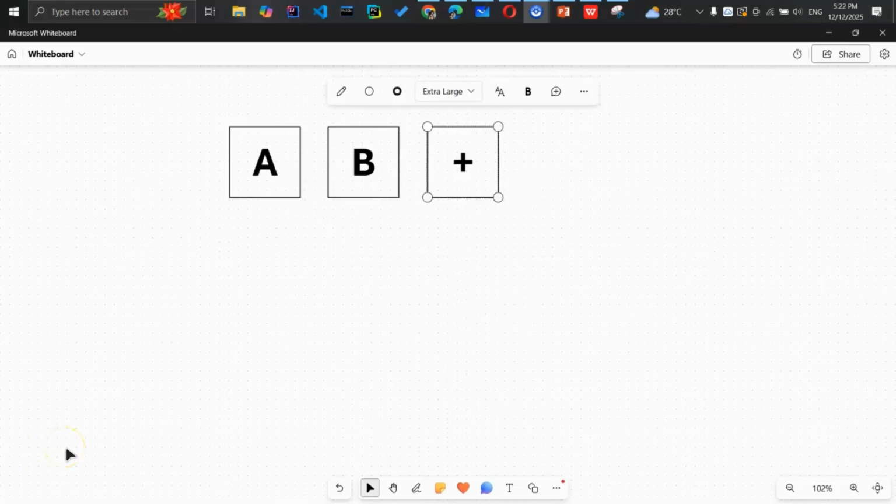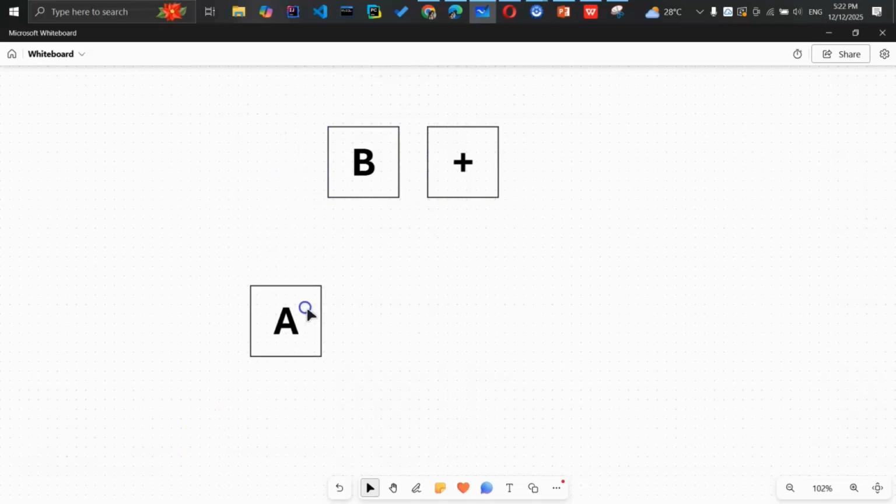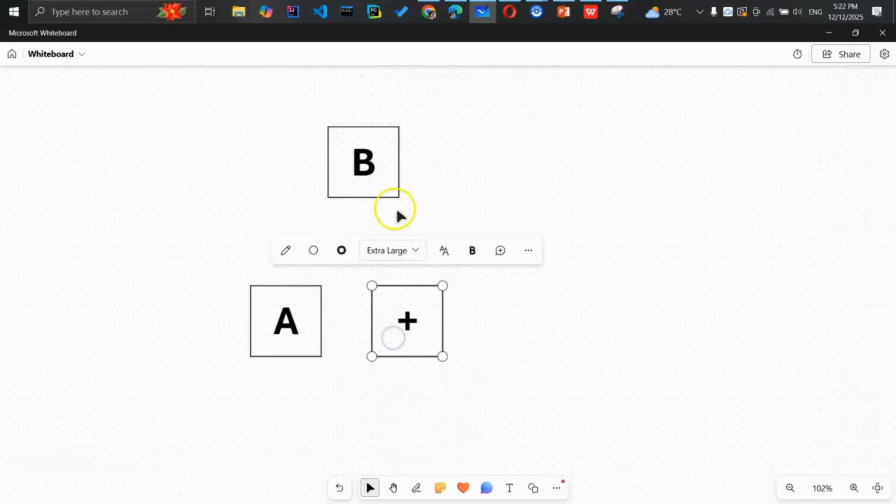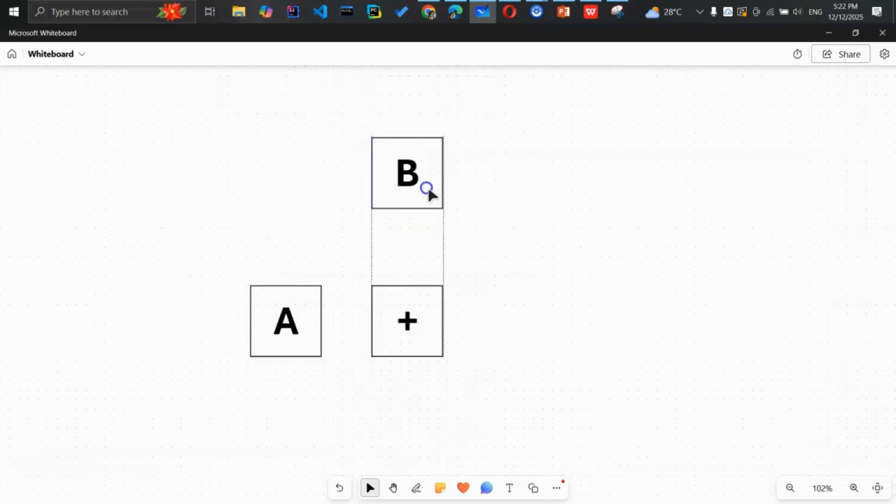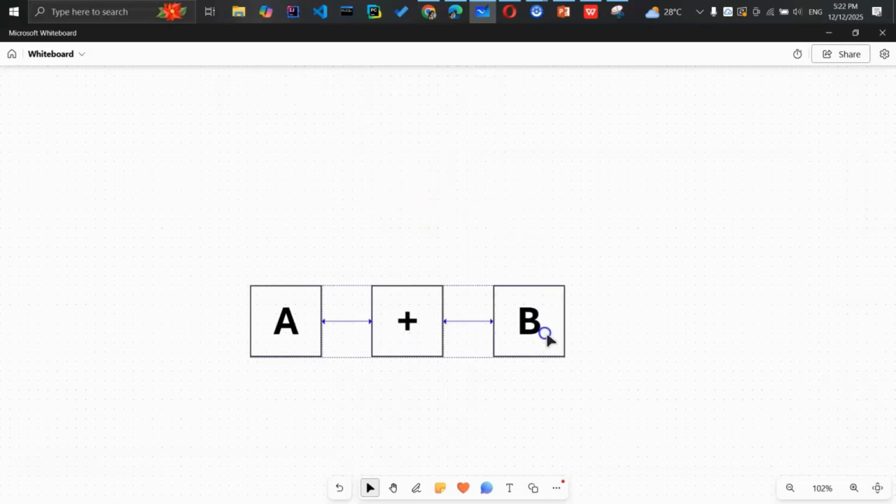We have to get the sum of A and B operands. Normally, we first write one operand followed by the operator, and then the second operand.